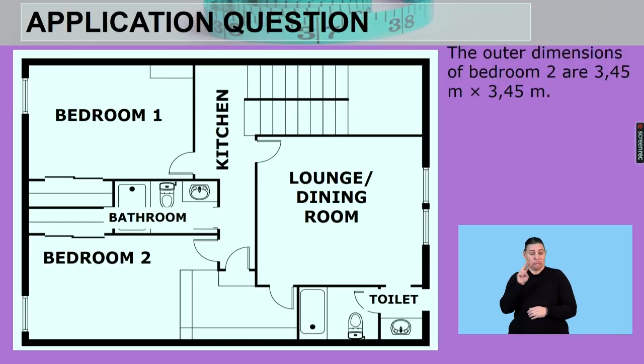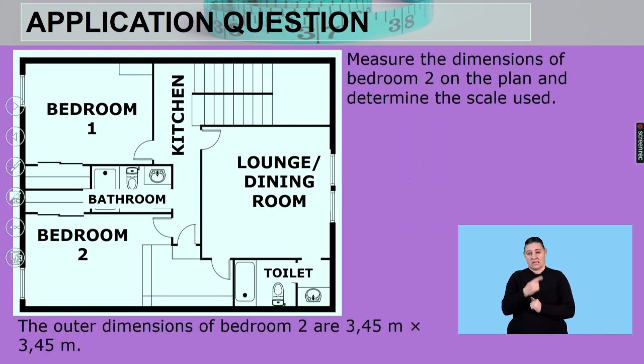Excellent work. Nice. Right, so let's look at this then. The outer dimensions of bedroom 2 are 3,45 meters by 3,45 meters. So that's bedroom 2. Let's see what question they need to ask us. It says, measure the dimensions of bedroom 2 on the plan and determine the scale used.